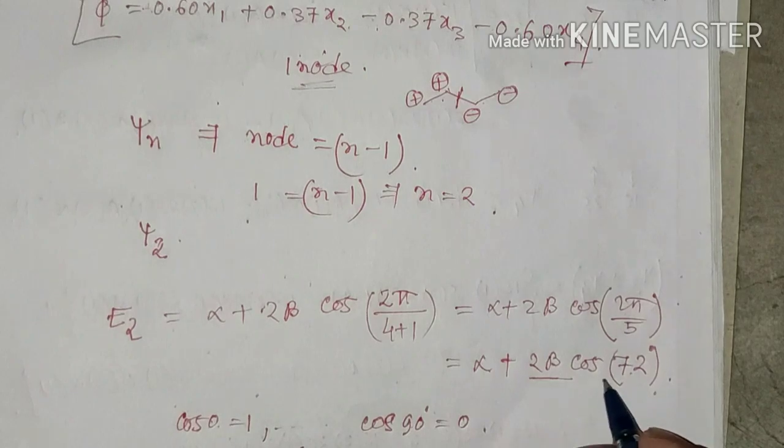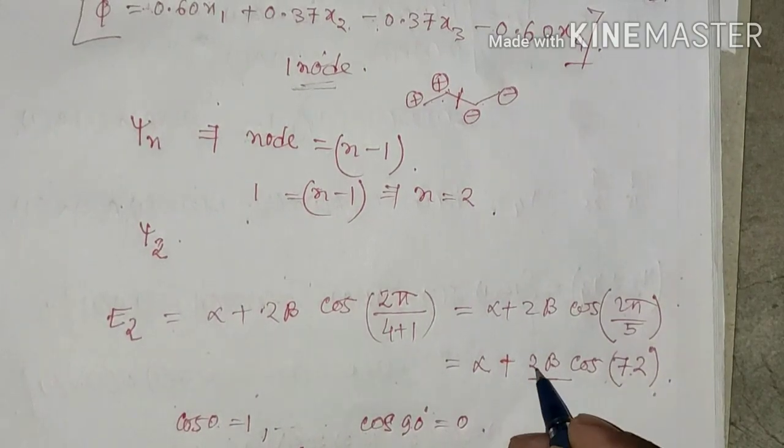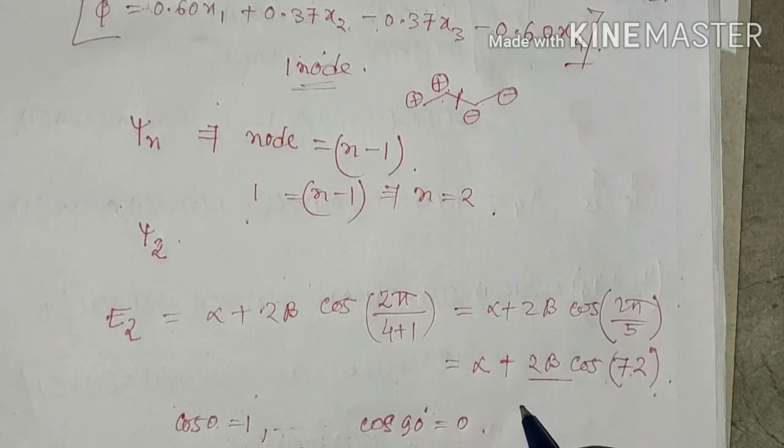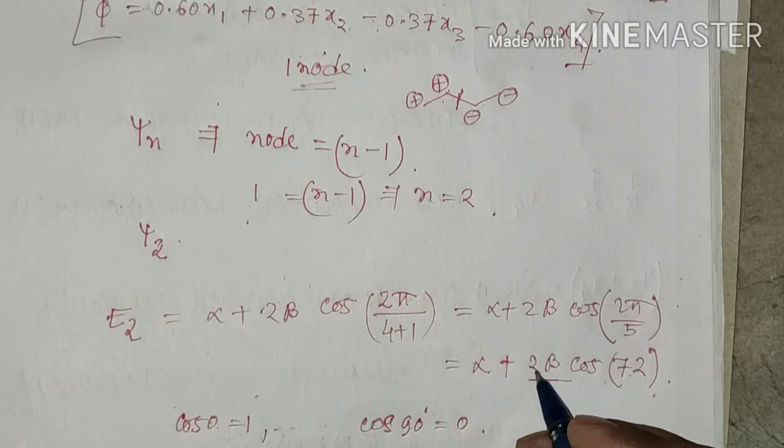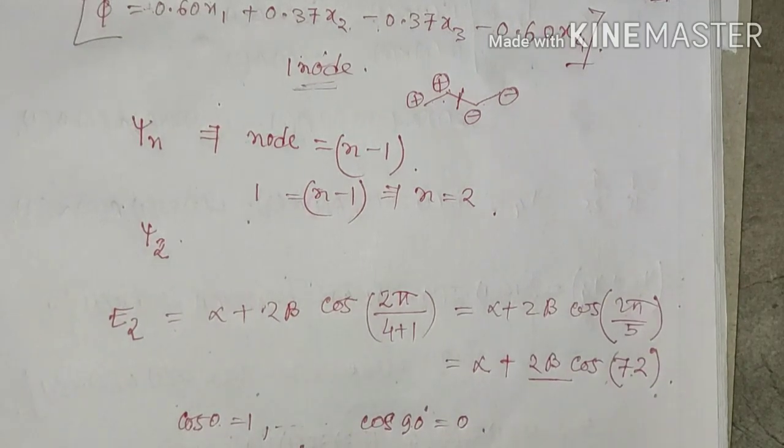So if we put the value of cos 72, which is between 0.5 and 0, and multiply it by 2, it cannot overcome the value of 1, since cos 72 is less than 0.5.